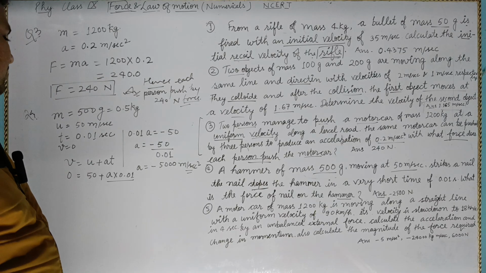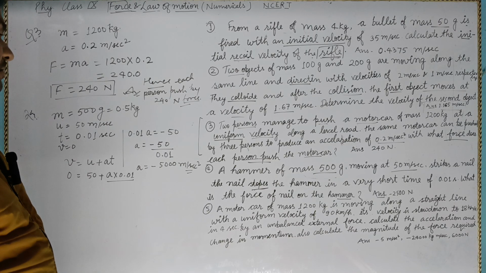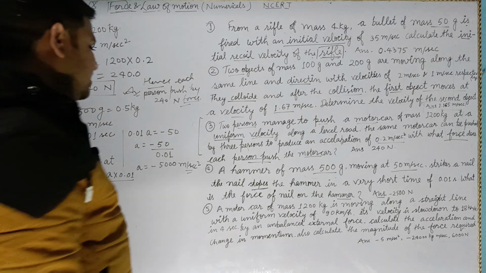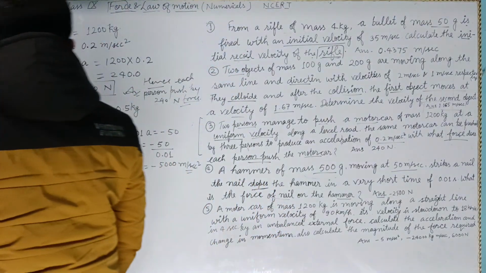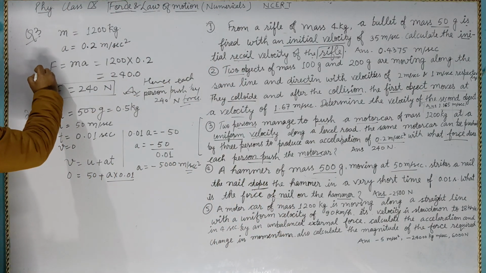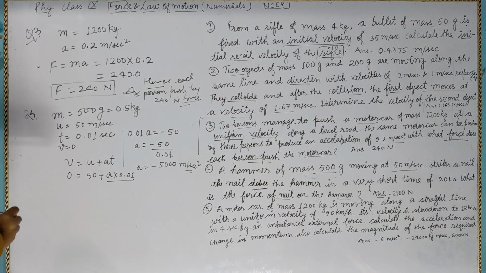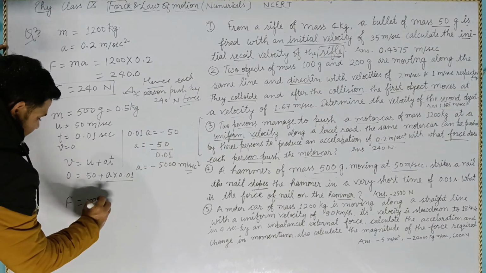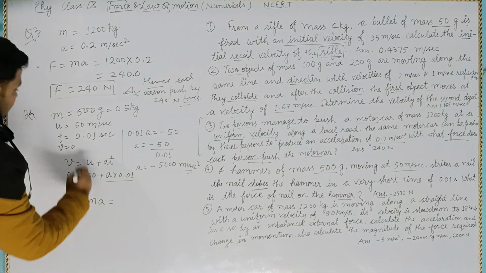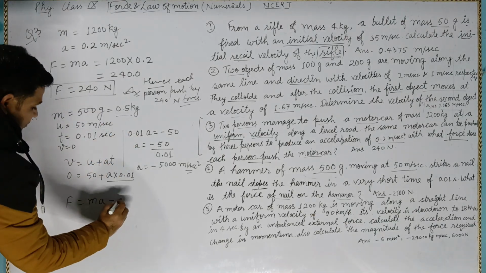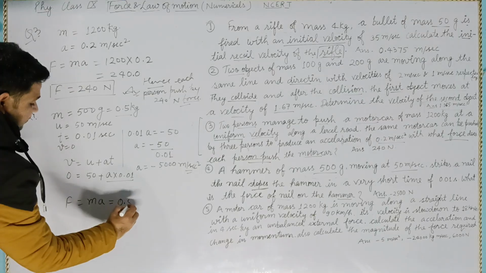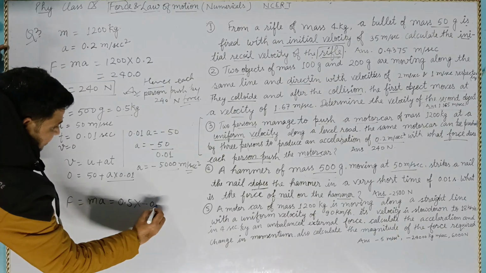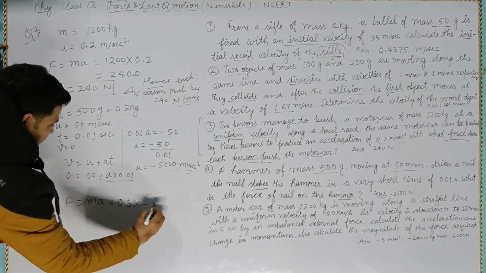What we have to find is the force on the nail by the hammer. From the second law of motion, F equal to m a. Mass is given 0.5 into acceleration minus 5000.